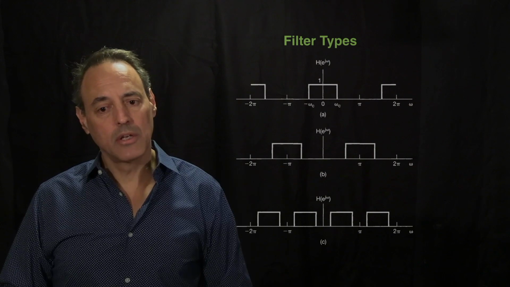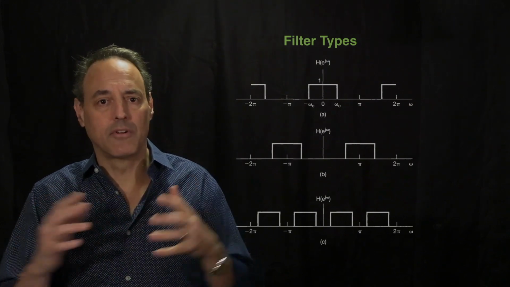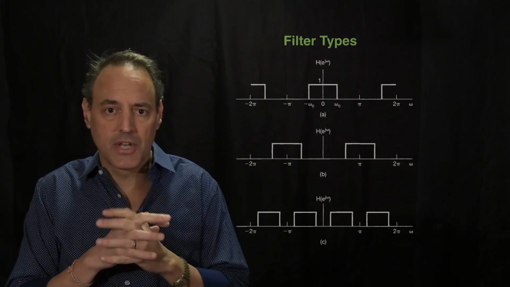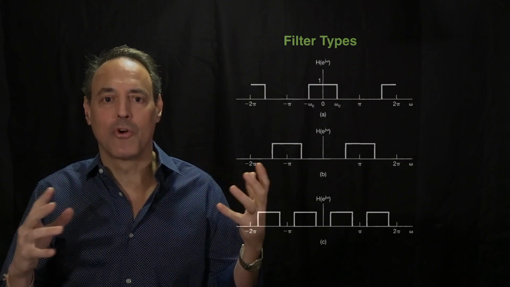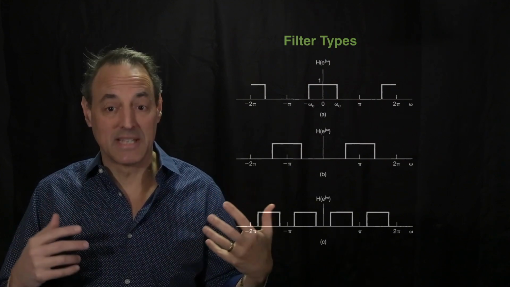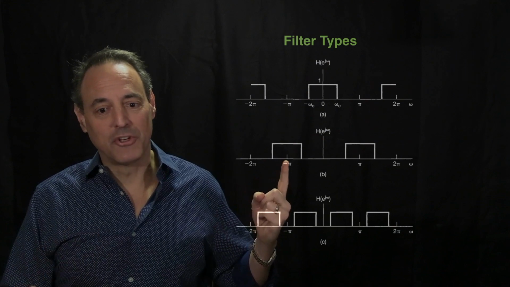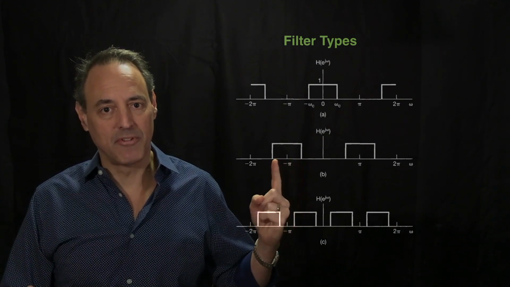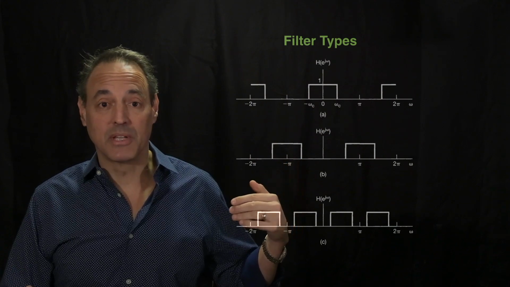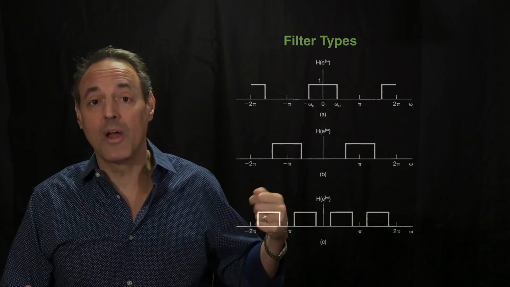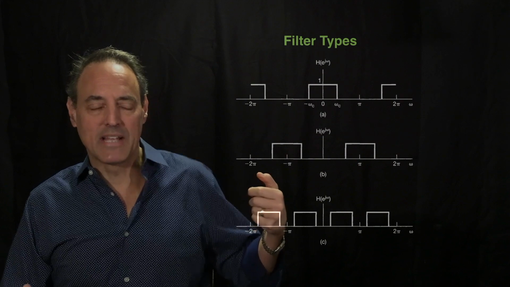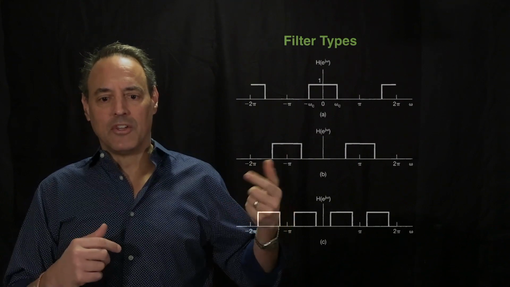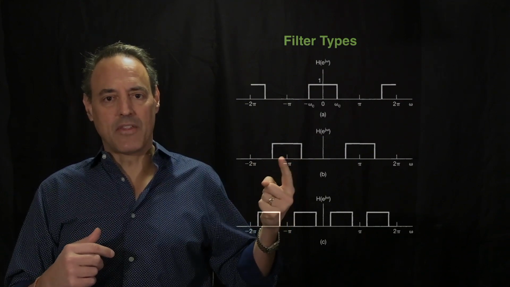And of course, there's a whole class of research and an entire different course which is all about filter design. How do you produce these filters? How do you design these filters? You don't normally do a step function like this. You would actually do something a little more sophisticated, or maybe quite a bit more sophisticated, so that it has minimal impact on the actual frequencies that are sitting in there.